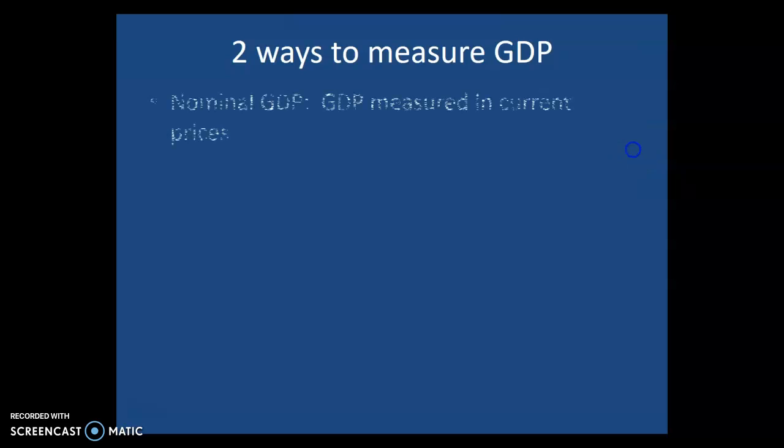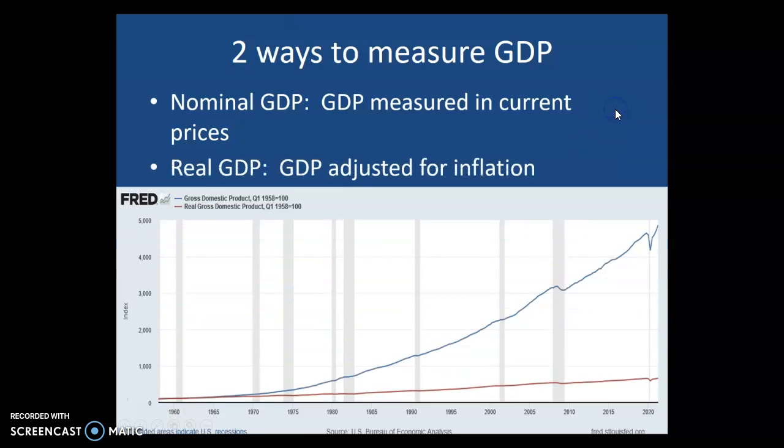So there's two ways we measure GDP. First of all, we have nominal GDP, which is GDP measured in current dollars. That's what I was showing you earlier, where in current dollars, we're producing about 20 times more value today than we did in February of 58. But a better way to measure GDP is through what we call the real GDP, which adjusts for inflation.